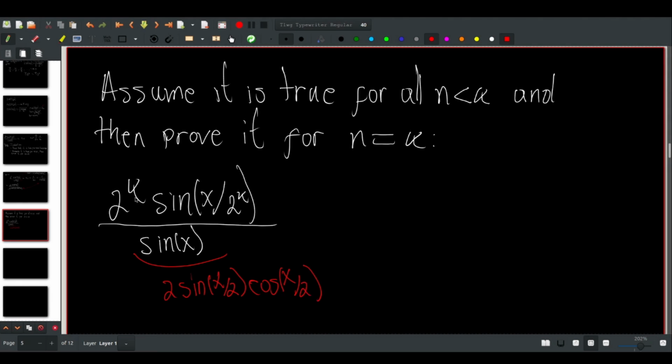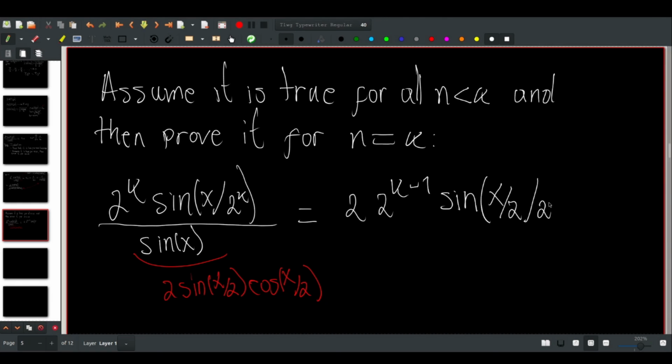And then I'm just going to redistribute the 2 to the k's in the following manner. So I'm going to do 2 times 2 to the k minus 1 times the sine of x half divided by 2 to the k minus 1.